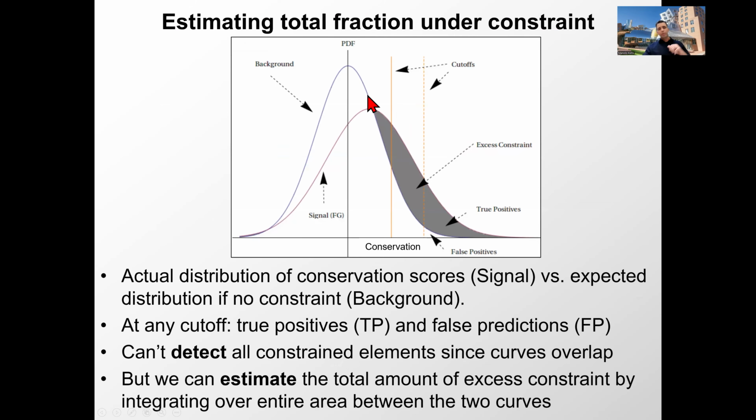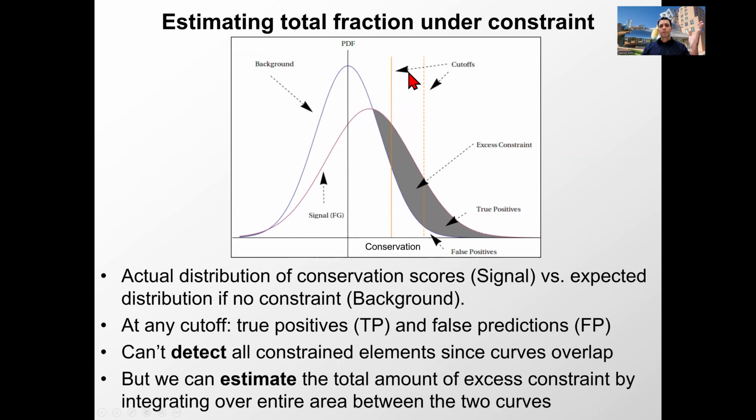And here you could say, well, what is the distribution of constraint, or at least of conservation, that I get in neutrally evolving regions? And what do I get in the rest of the genome? And what I can do is observe an excess constraint that basically says at every position, I find slightly more than I would have expected.